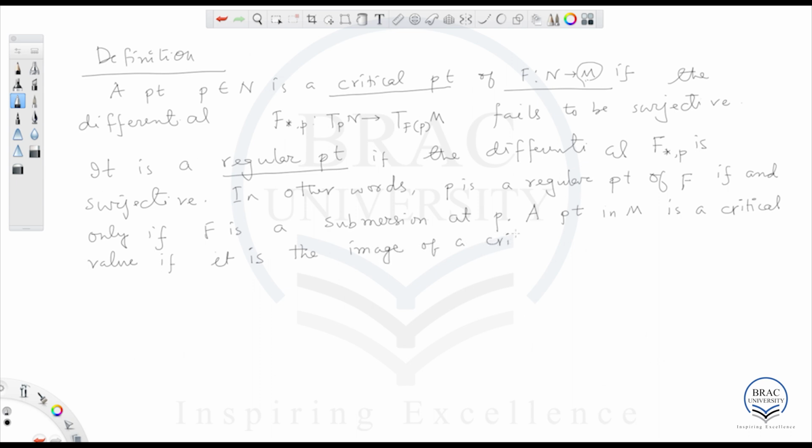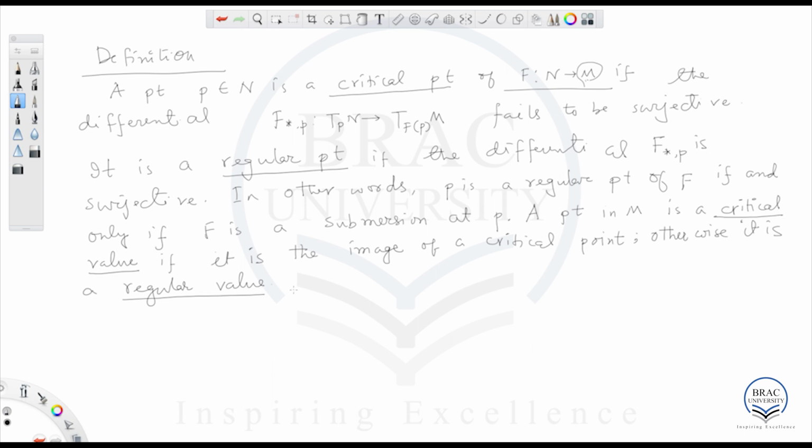Otherwise, it is a regular value. Okay. So if a point in M is not a critical value, then it's a regular value. So this is the definition of critical value and regular value.